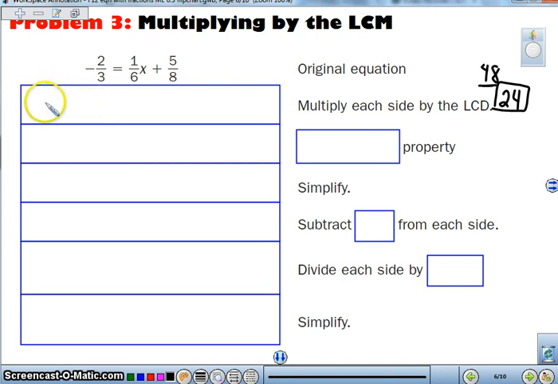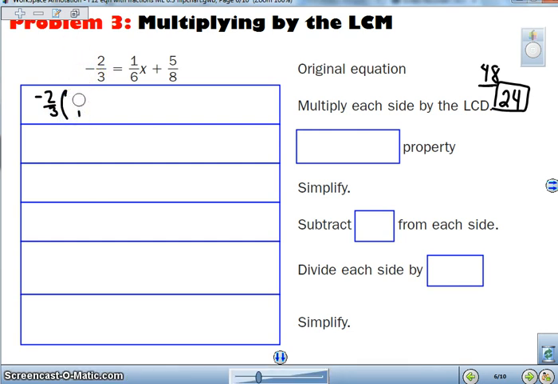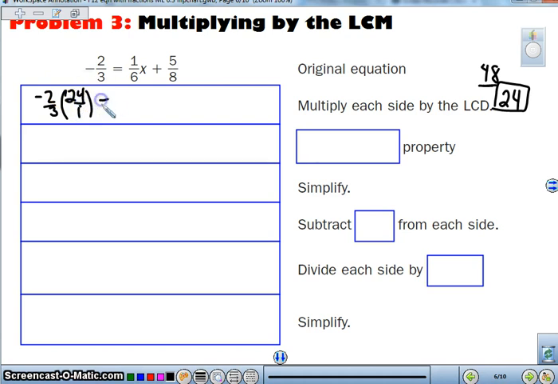but that's not a problem. So as we start this problem off, we are going to start with negative 2/3, and we're taking it times 24 over 1 equals 1/6. And again, in this case, if I'm writing this down, I'm going to put my 24 first.